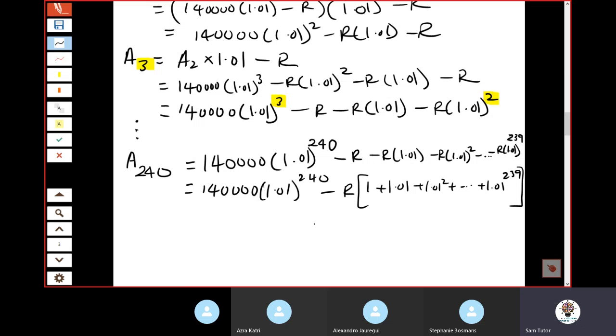Any questions, you guys? No. Next line equals 140,000 minus R.